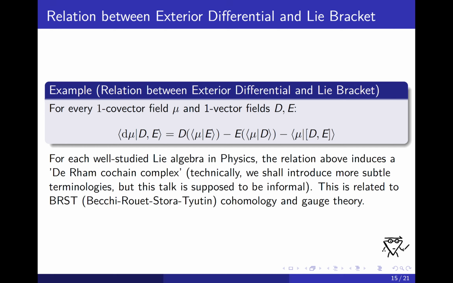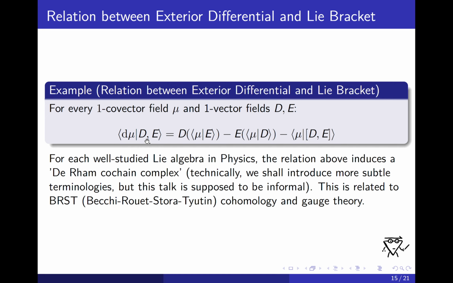So it is a linear combination of terms like dx0 wedge dx1, dx0 wedge dx2, dx2 wedge dx3, and so on. And the coefficients are given by partial derivatives because it is a curl-like expression. This is a one covector field, so you expect that the result is similar to the curl of something. Now you get a two covector field.